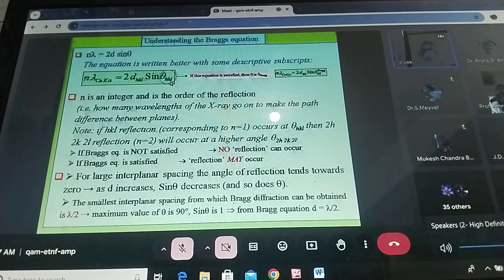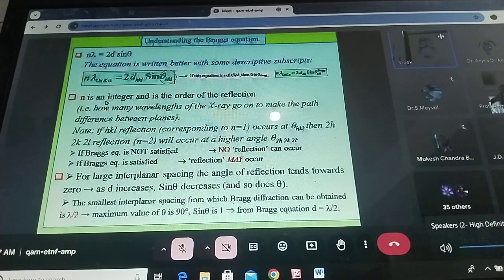This angle is for plane 1, 1, 1. If this equation is satisfied, then theta is your Bragg angle. n is an integer and is the order of reflection, meaning how many wavelengths are present. n signifies how many wavelengths of X-rays go to make the path difference between planes.